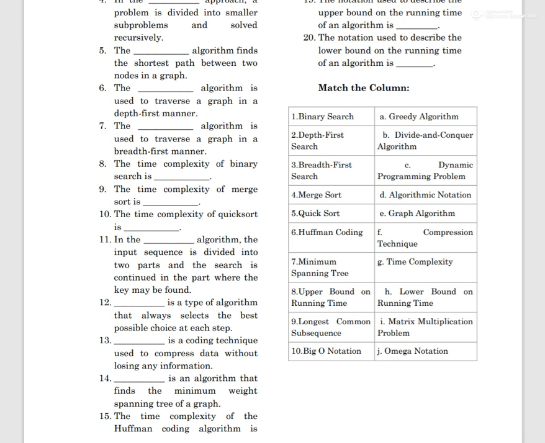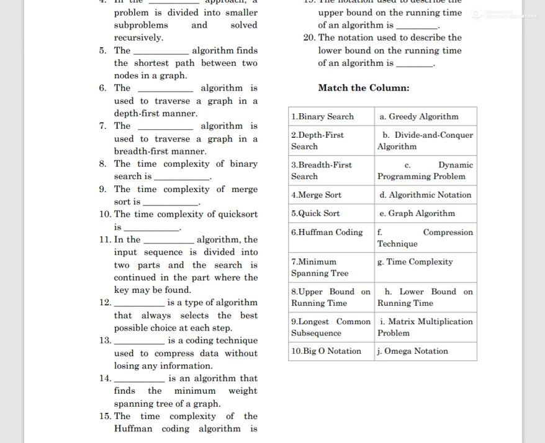Question number 6th, Huffman coding. Huffman coding can be matched with two different options. Here we can see option number A, greedy algorithm, and option number F, that is compression technique. So Huffman coding, as we all know, is a technique used to compress the size of a file without losing any data.